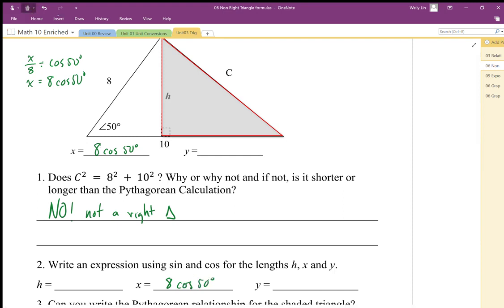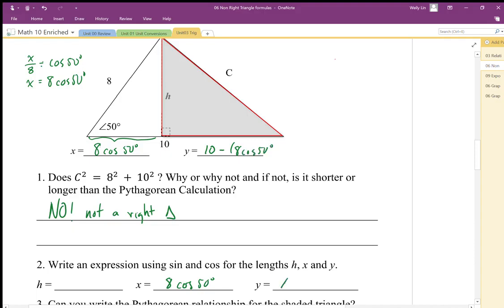The y value here, I can't say y divided by c, sorry. We can't do that. So we're going to have to do the y value like this. We don't have anything in this triangle, so we have to connect it through that length of 10. So y is equal to 10 minus this length here, which was 8 cosine of 50.